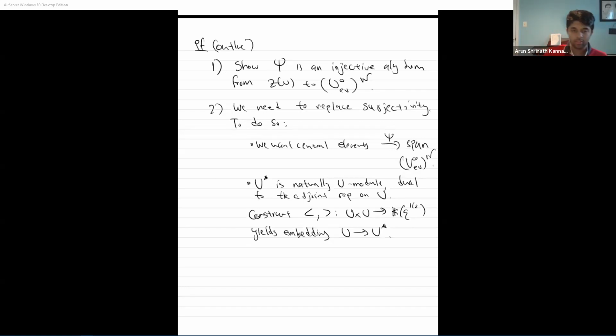Then in U dual, we can construct U-invariants using the quantum trace of certain finite dimensional representations.